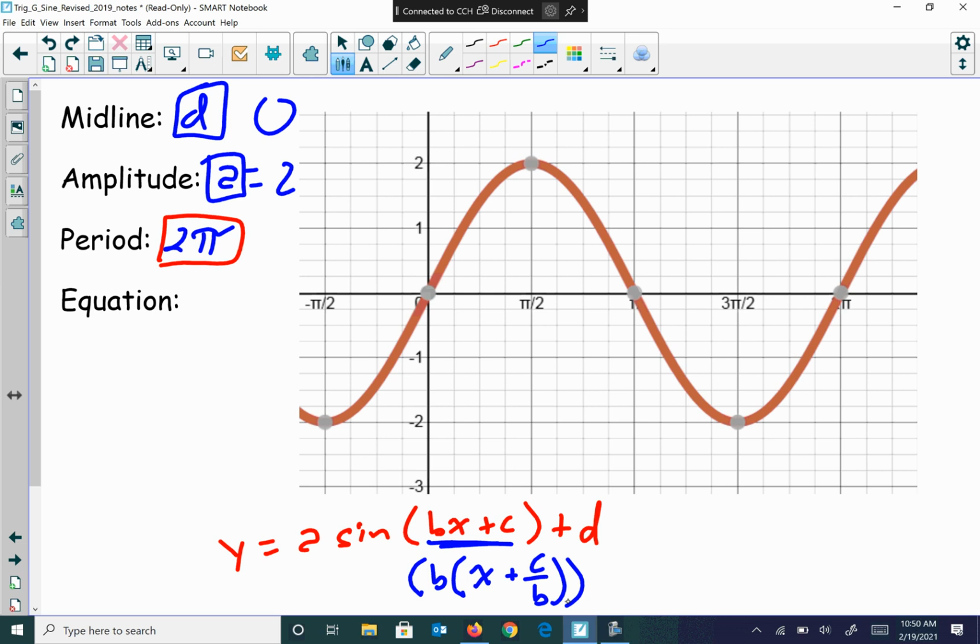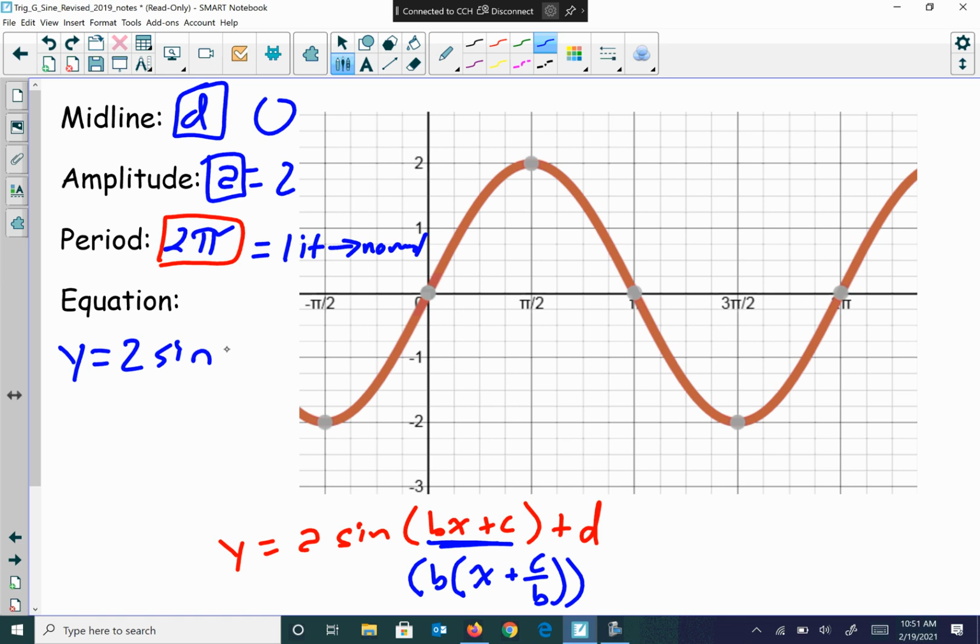Here, let's do it. I'll write it in and see if I can explain it from there. y equals 2, because our amplitude is 2. Sine, so this is one iteration. That's the normal. So I don't have to show anything happening with this.